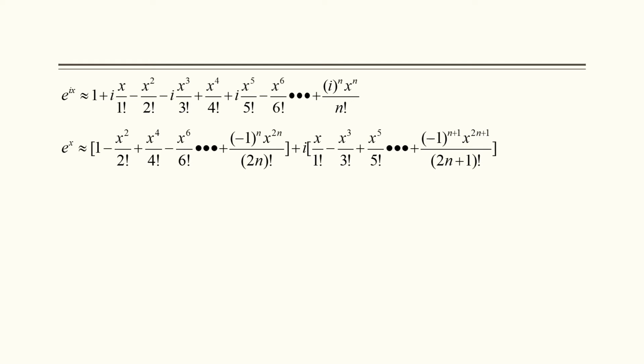Then we could see from the equation of e to the power of ix that we could separate it into 2 parts. e to the power of ix equals square bracket 1 minus x squared over 2 factorial plus x to the power of 4 over 4 factorial minus x to the power of 6 over 6 factorial, etc. And then we could see the pattern that it forms into minus 1 to the power of n times x to the power of 2n over 2n factorial, plus i square bracket x over 1 factorial minus x to the power of 3 over 3 factorial plus x to the power of 5 over 5 factorial, etc., plus minus 1 to the power of n times x to the power of 2n plus 1 over 2n plus 1 factorial.